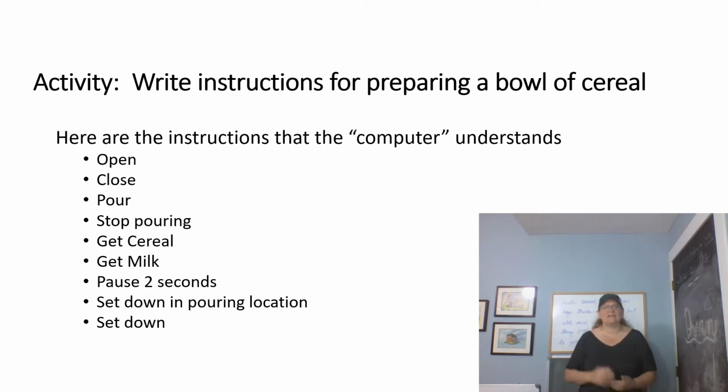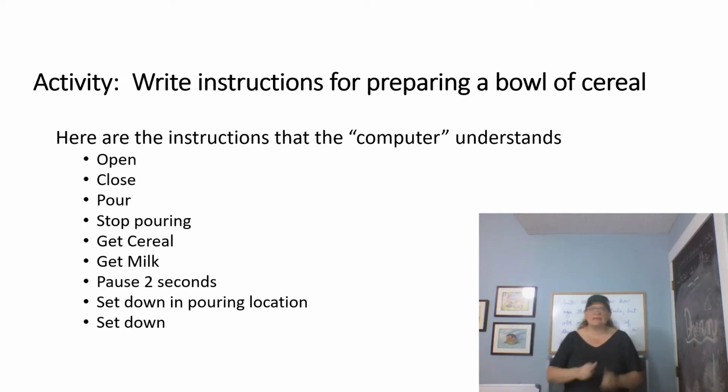And here are the set of instructions that the computer understands. The computer understands open, close, and pour. So you're going to need something for the computer to open or close or pour. And so the other commands are get the cereal. So if you get the cereal, then you'll be able to open the cereal.